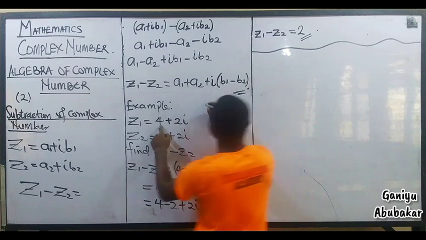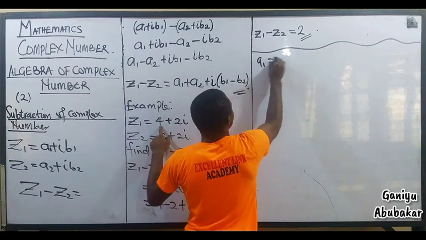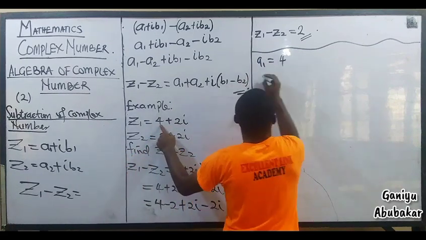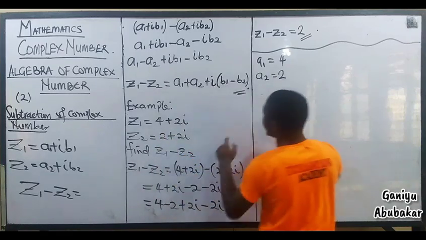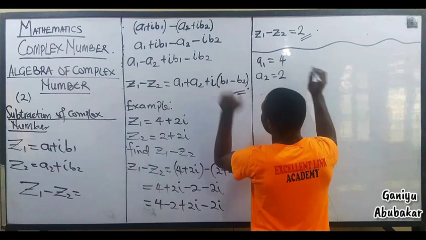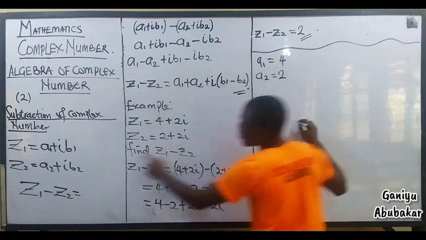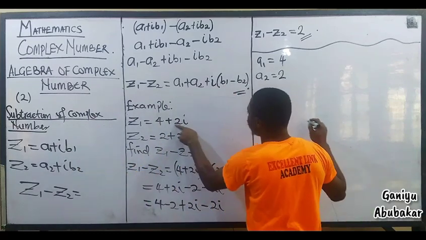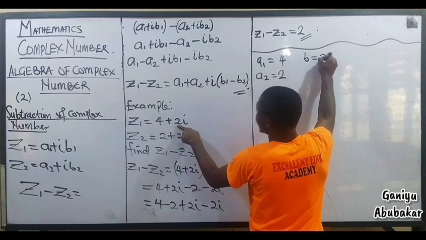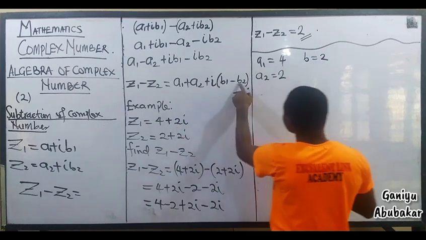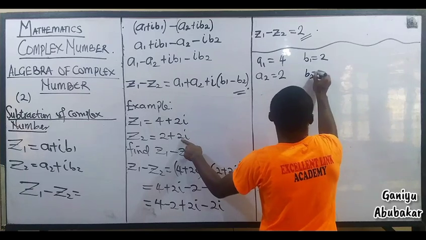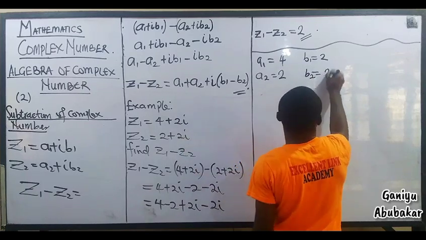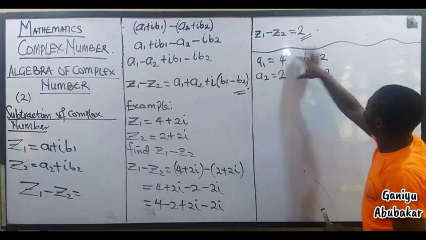So I have a1 equal to 4, a2 equal to 2. Next up, i is constant there. b1 is this here, so b1 is equal to 2. Next up, b2 is also 2. Right?